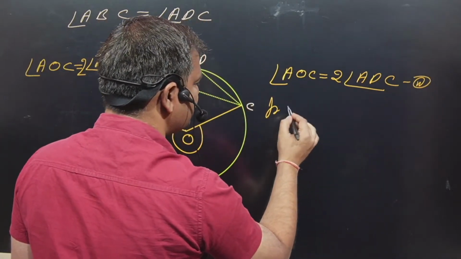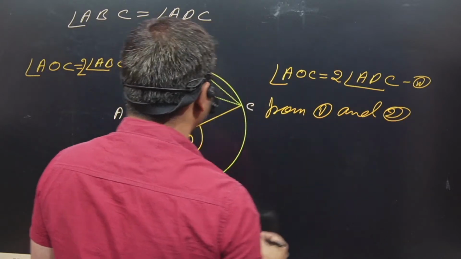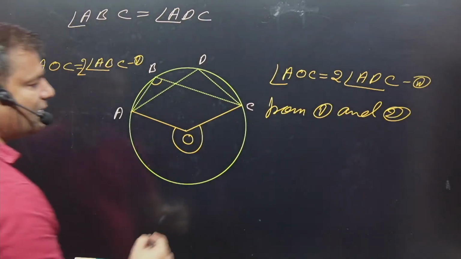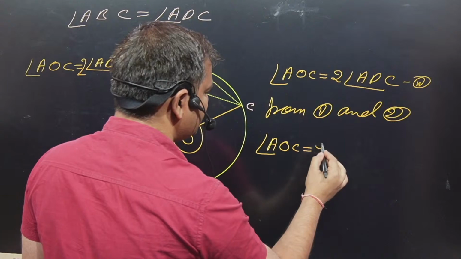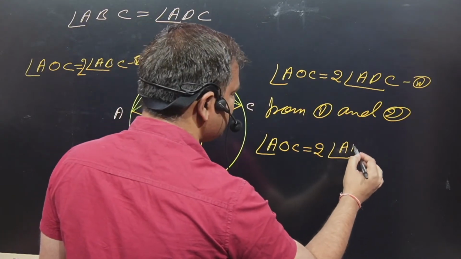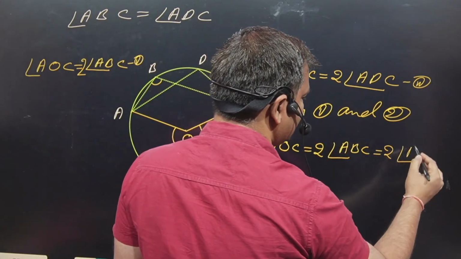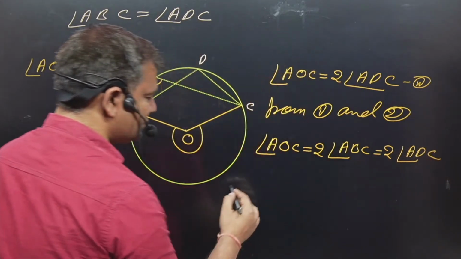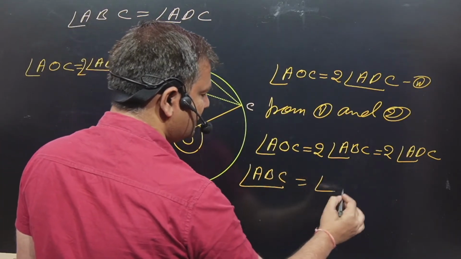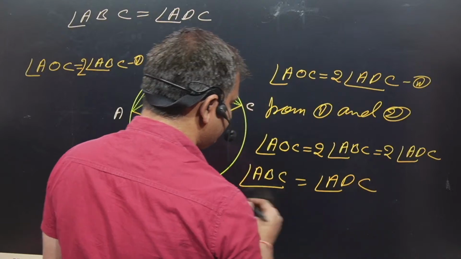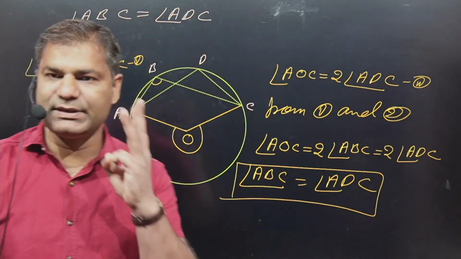From 1 and 2, angle AOC will be equal to 2 times angle ABC, which will be equal to 2 times angle ADC. So you can say that angle ABC will be equal to angle ADC. Proved.